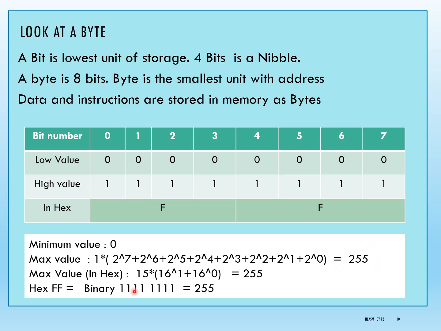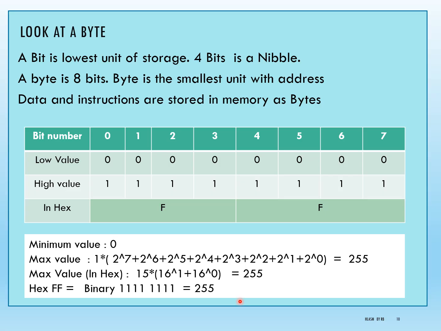For easy reading, we can also say 16 to the power of 0 and 16 to the power of 1, multiplying with 15 when you're doing it with the hex format, that is 255. How do we write it in hex? The same value is written as FF. In binary, you write it as 8 ones, 1111 1111. In decimal, you write the same value as 255.